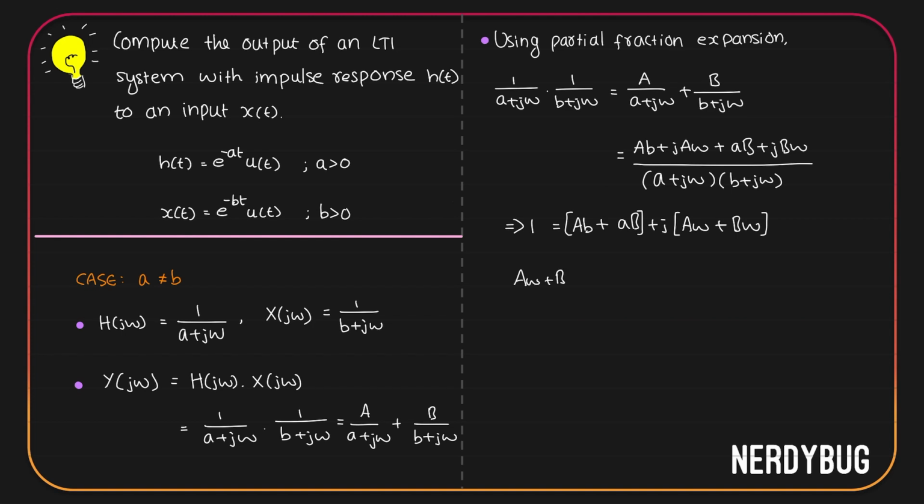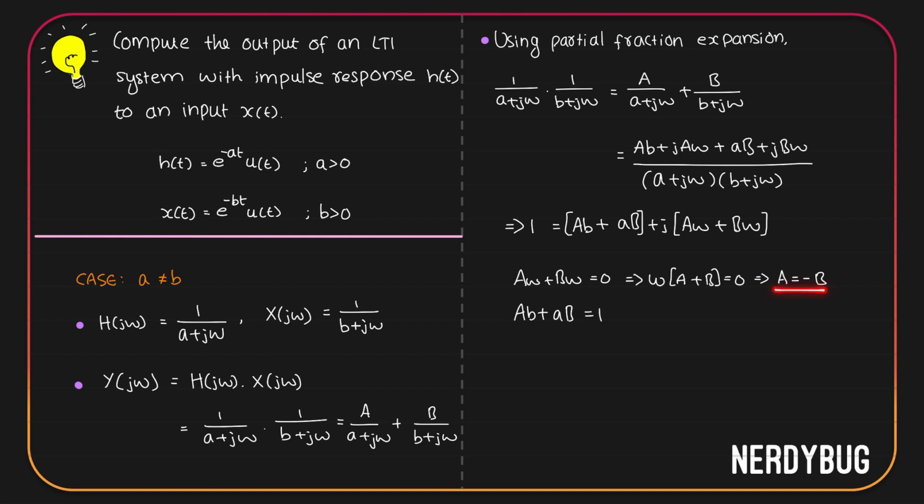A omega plus b omega is equal to 0, or omega multiplied by a plus b is equal to 0. That means a plus b is 0 or a is equal to minus b. If we equate the real part, ab plus ab should be equal to 1. Let's write it down. ab plus ab is equal to 1.